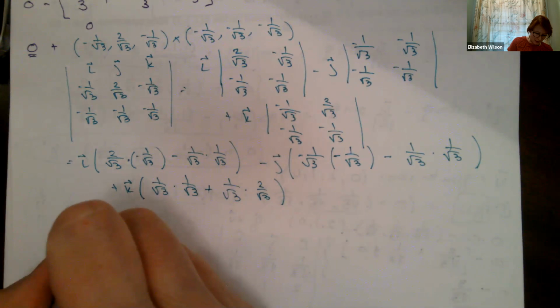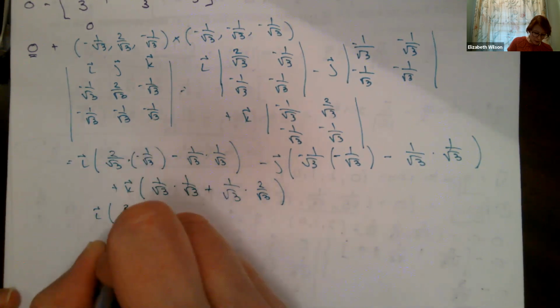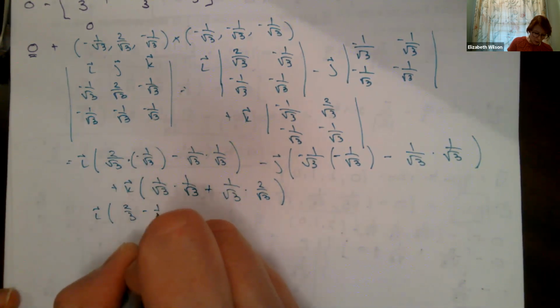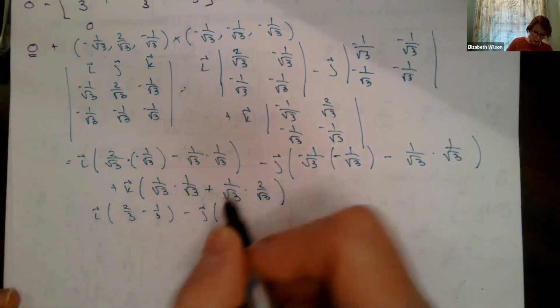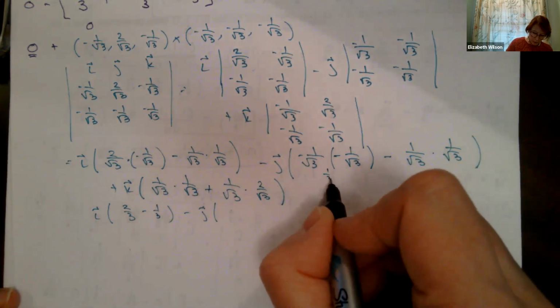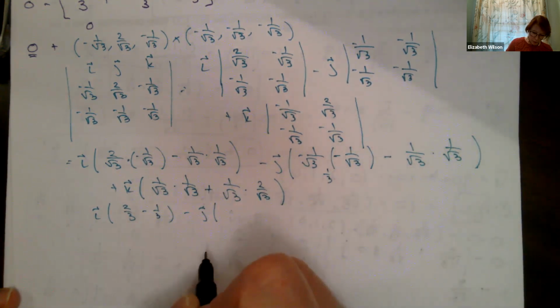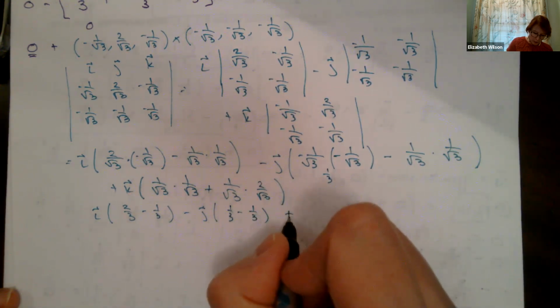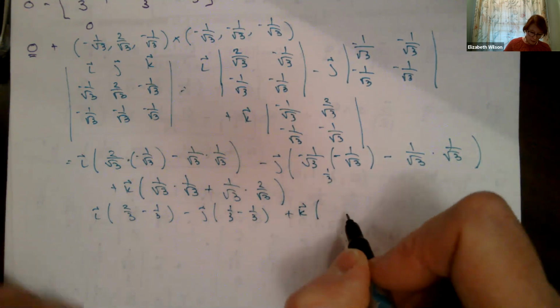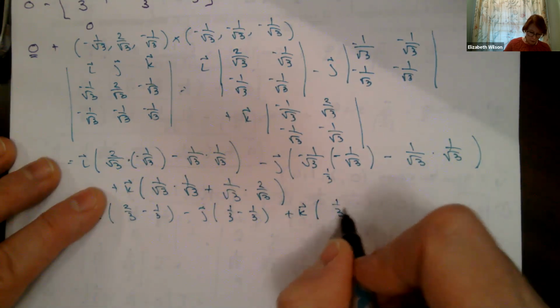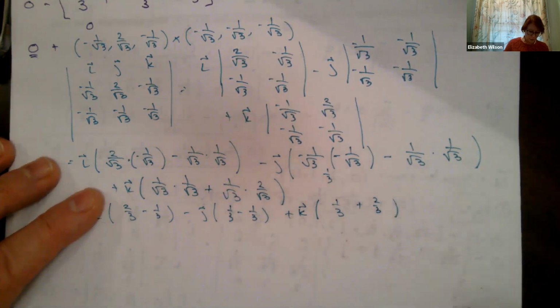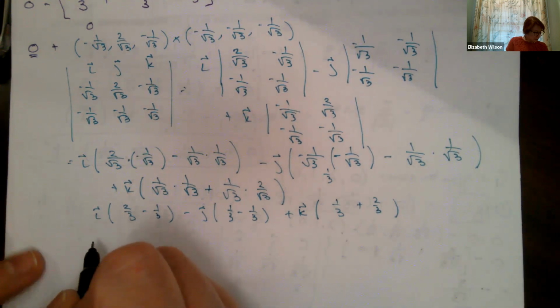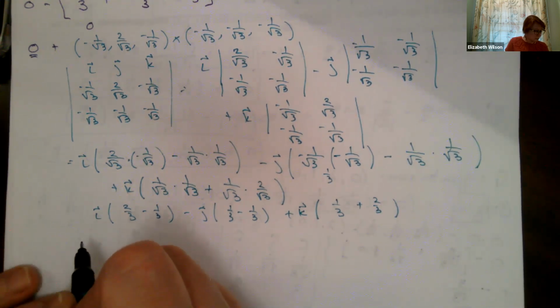Okay, let's go ahead. So this is 2/3 minus 1/3 minus J. This is 1/3 minus 1/3. 1/3 minus 1/3 plus K. This is 1/3 plus 2/3. Okay, so 2/3 minus 1/3.